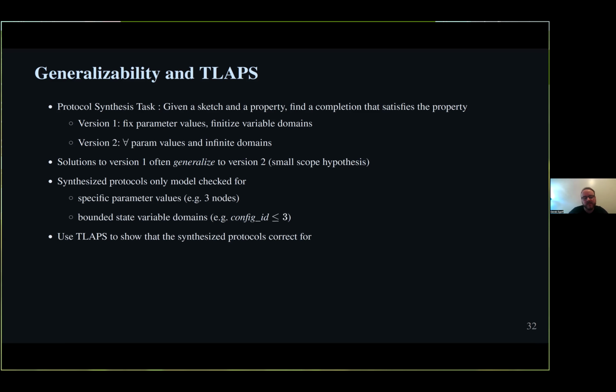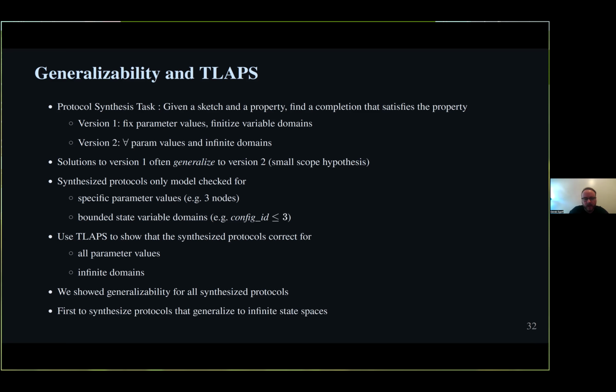But what's critical is that we were actually able to do a post-processing step where we used TLAPS to show that the synthesized protocols were actually correct for all parameter values and for the infinite domains. And we showed generalizability for all of the protocols that we synthesized. And to our knowledge, we're the first to synthesize protocols that generalize in this way to infinite state spaces.